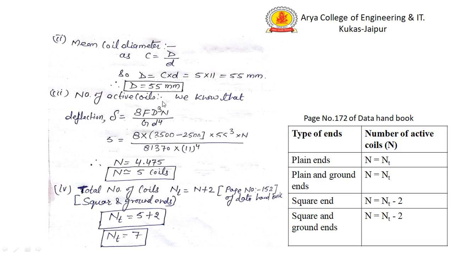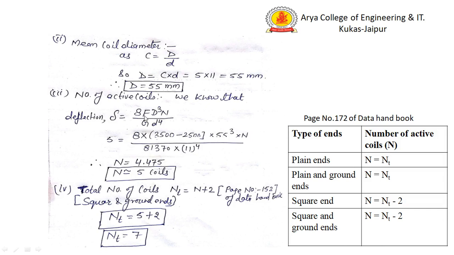Now the number of active coils. To find the number of active coils, we use the deflection formula, and deflection is equal to 8FD³N upon Gd⁴. Here we note that this 5 mm deflection corresponds to 1000 Newton of force.